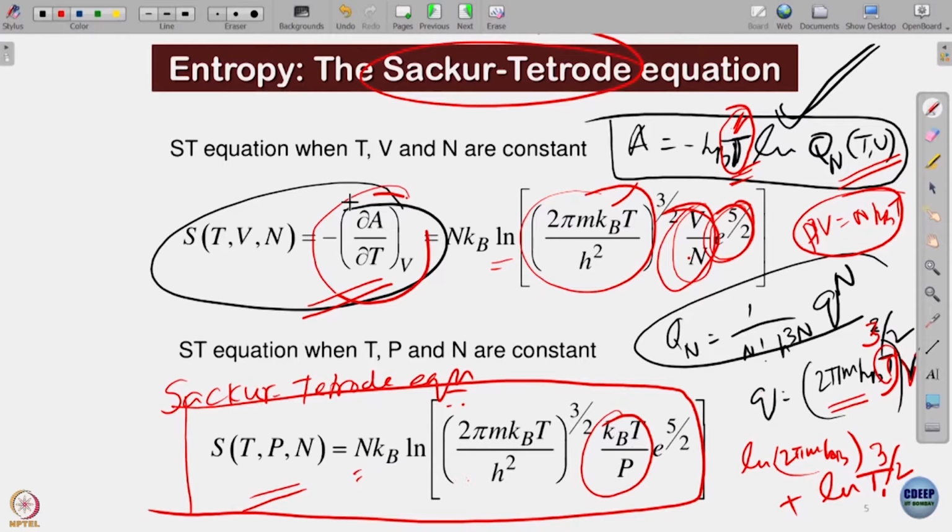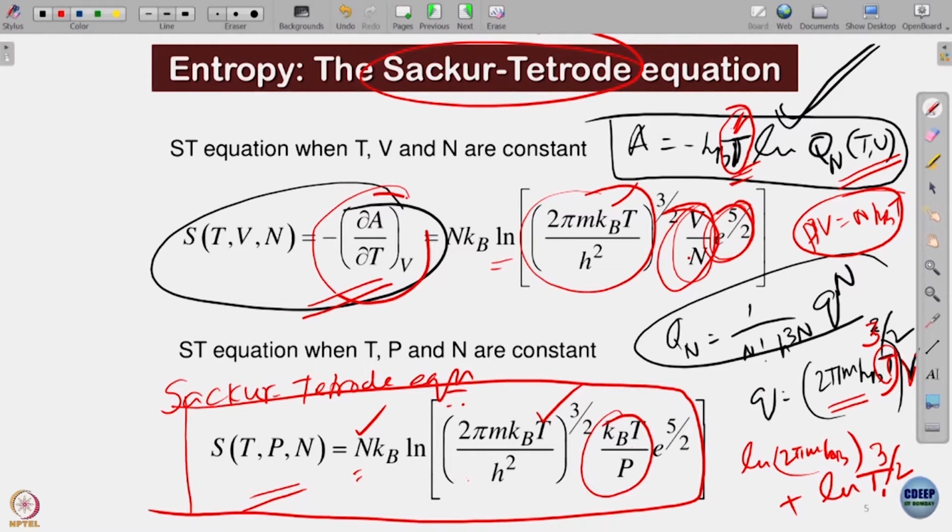Again, the expression includes n, the number of particles, and the temperature T, and when I remove V by using the ideal gas law, it is in terms of pressure. So entropy is suddenly an exact expression which depends on the total number of particles in the system, the pressure of the gas, and the temperature T.